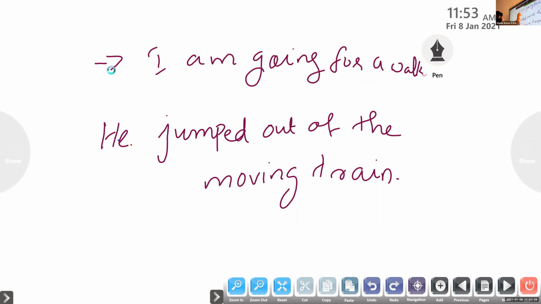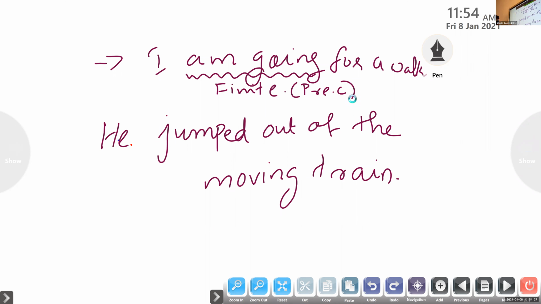In the first sentence, am going is a finite verb because it has a tense form. This is an example for a finite verb because it has a tense form, and you know that this verb is actually in present continuous. Correct? Am I clear?